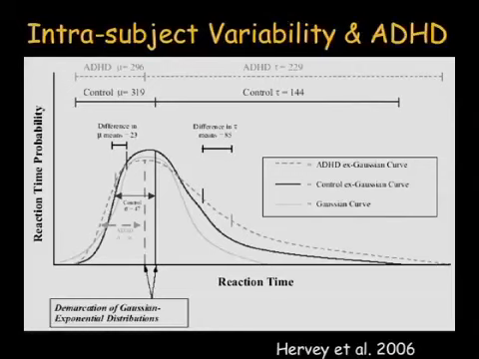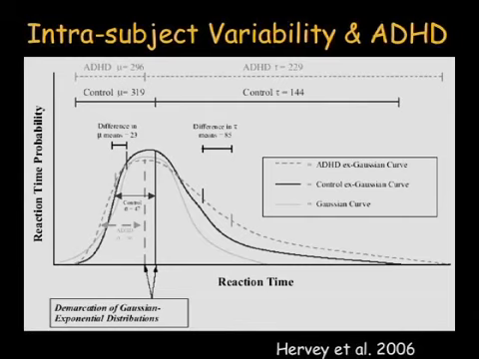A number of investigators had been observing that the ski hill was longer for individuals with ADHD, so they would tend to have more of these very long, prolonged response times. This was true from data aggregated from the MTA study, a large multi-site study.